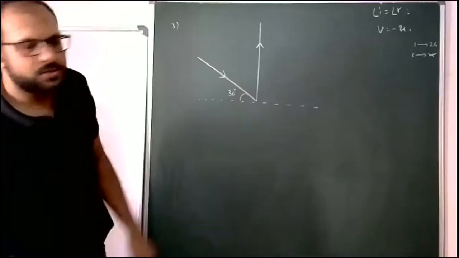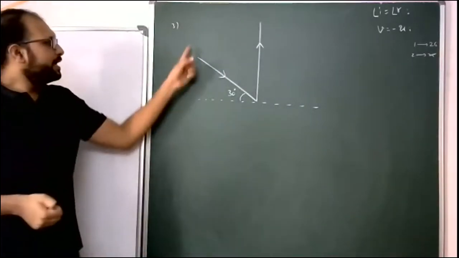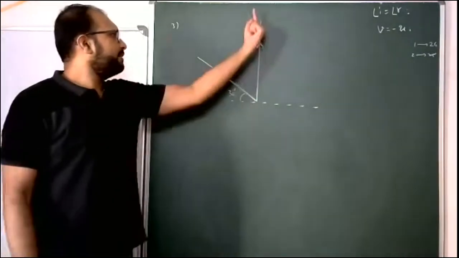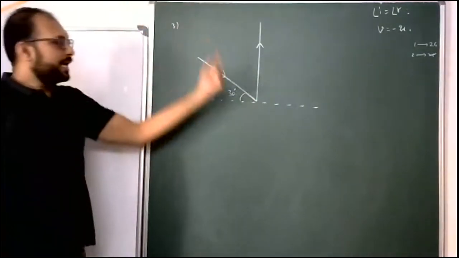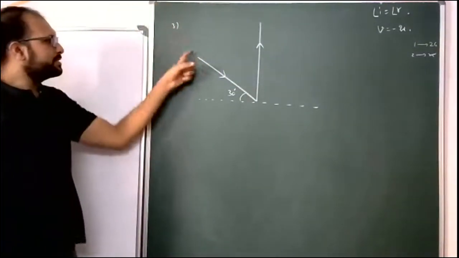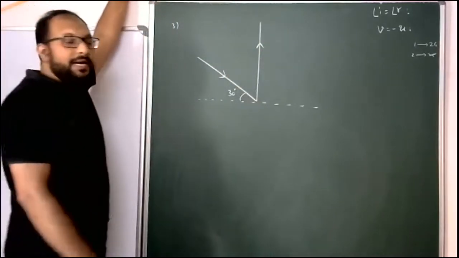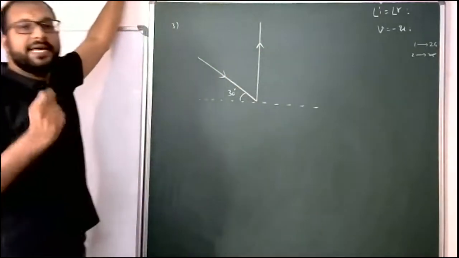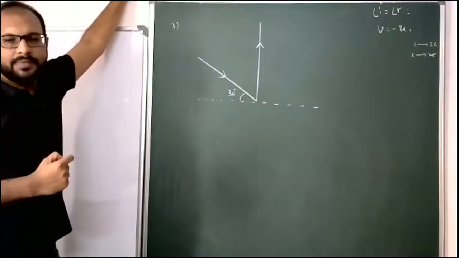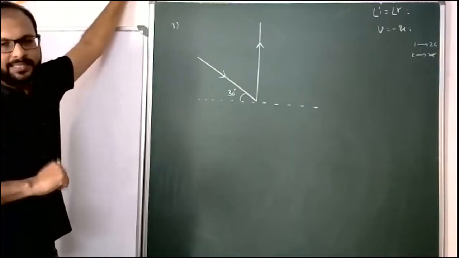Students, this is the given information: the incident light ray and the reflected light ray. The reflected light ray is exactly vertical. This is the incident, it is reflected. Now the mirror with horizontal, how many degrees? The angle made by the mirror with the horizontal is our target.